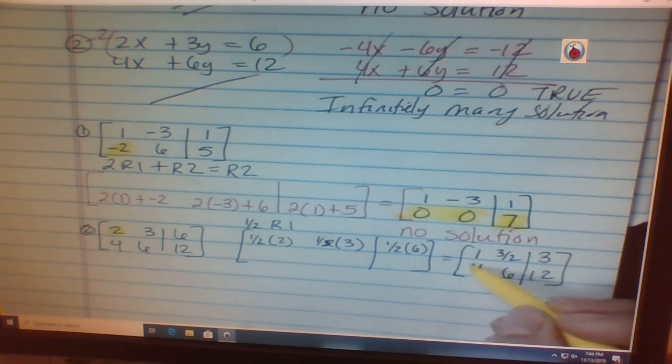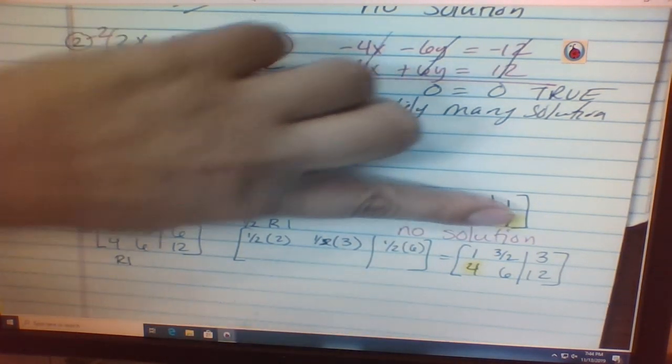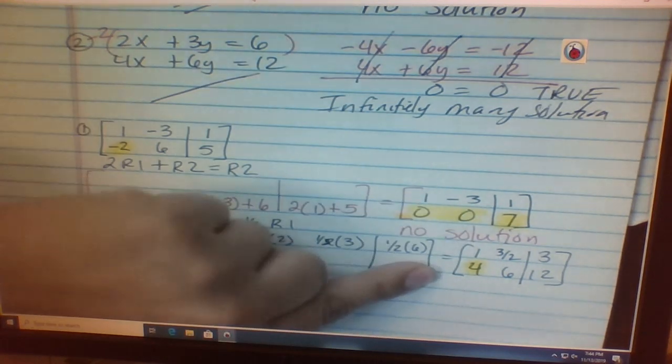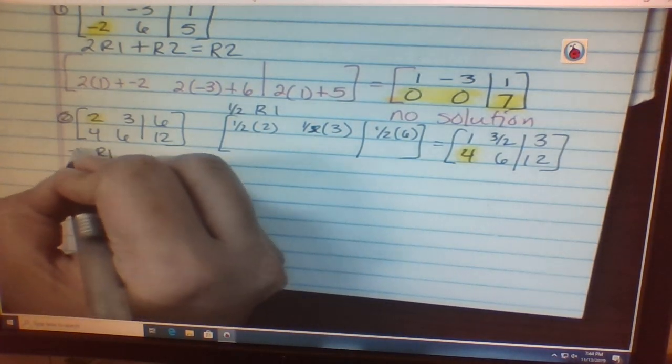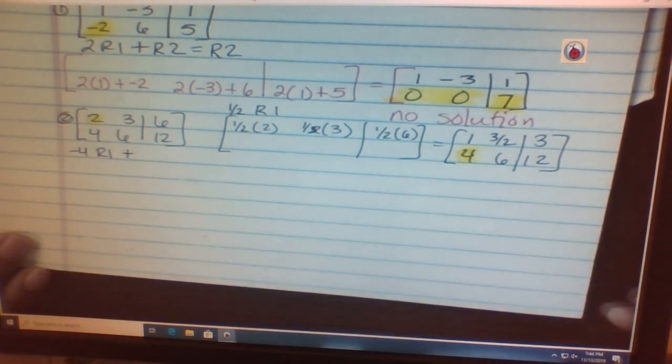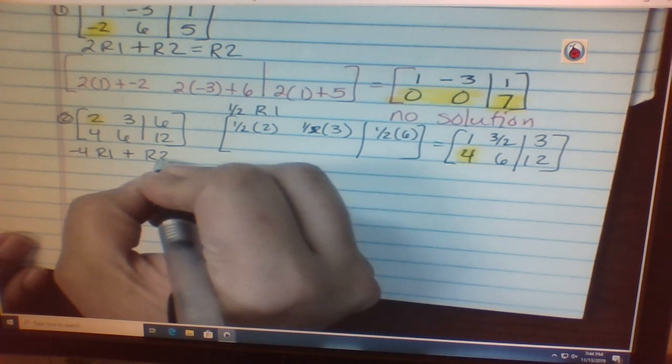Yay. Now I have to make this 4 into a 0. So remember, multiply the row with a 1. Which row has a 1? Row 1. Multiply by the opposite of the number you want to make a 0. So it's a 4, -4. And I want to add it to the row you're trying to make a 0, which is row 2.